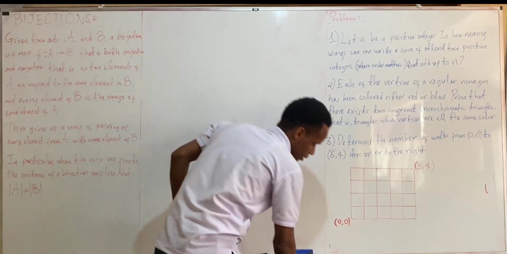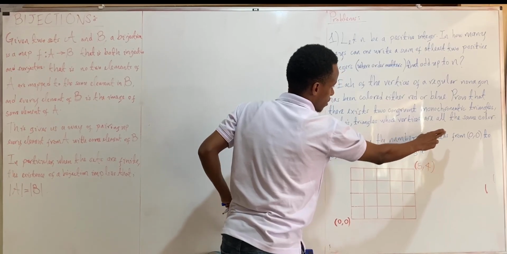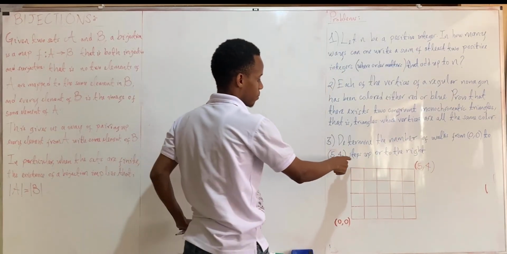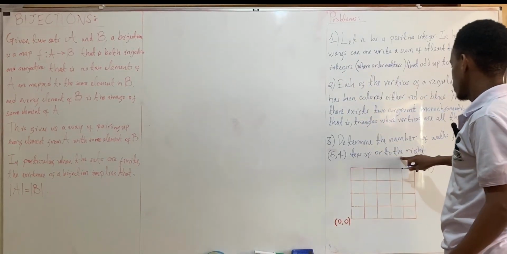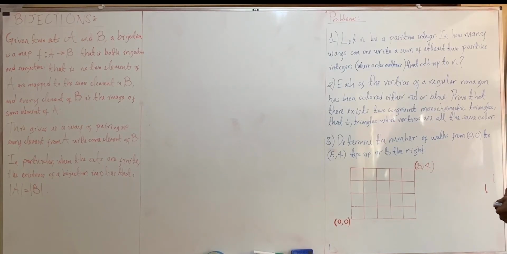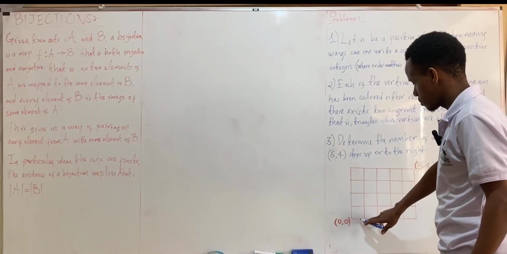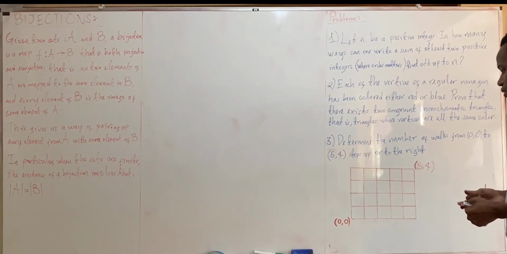Now, as for the third problem, we are going to determine the number of walks from 0,0 to 5,4. You always have to go either 1 step to the right or 1 step up each time.